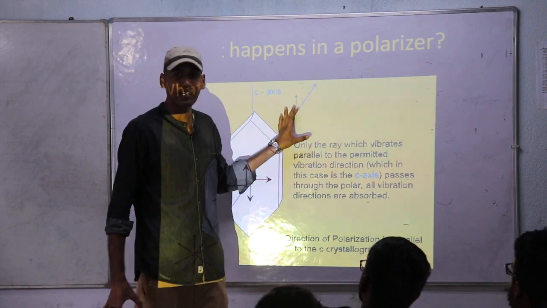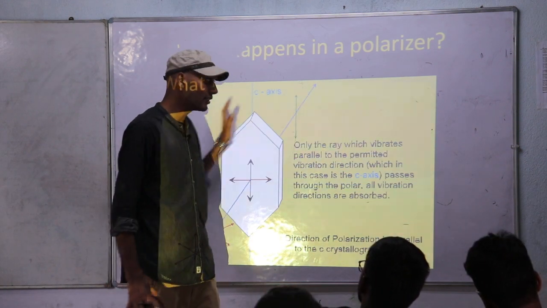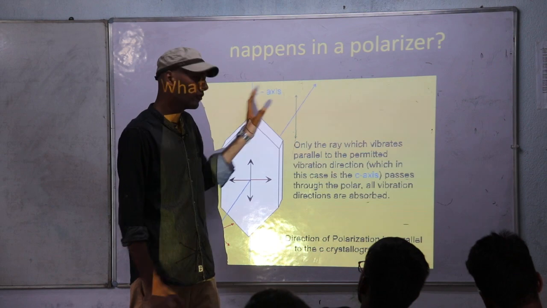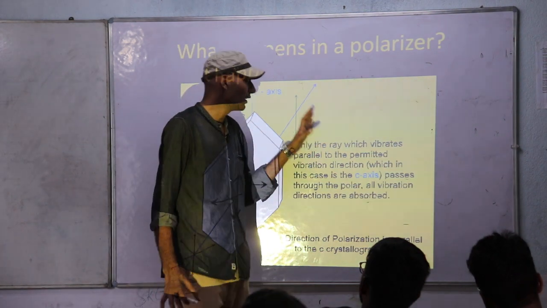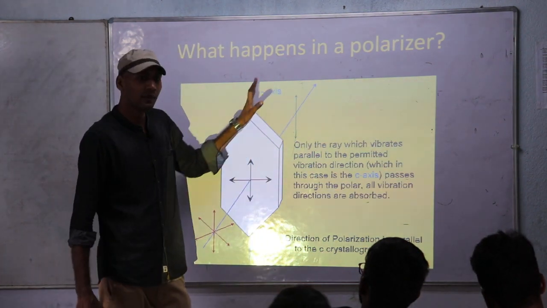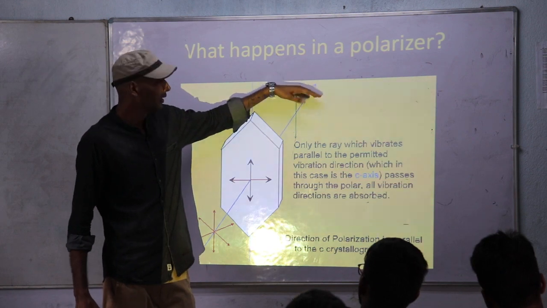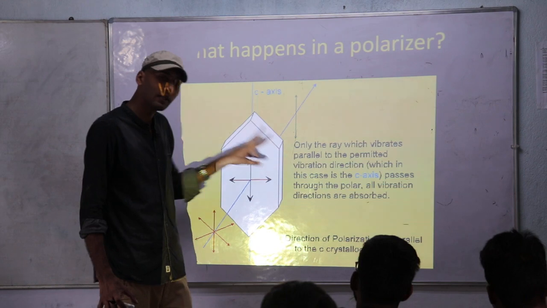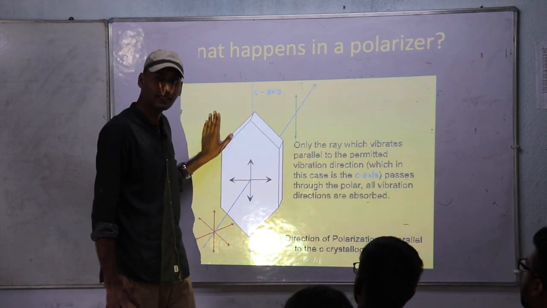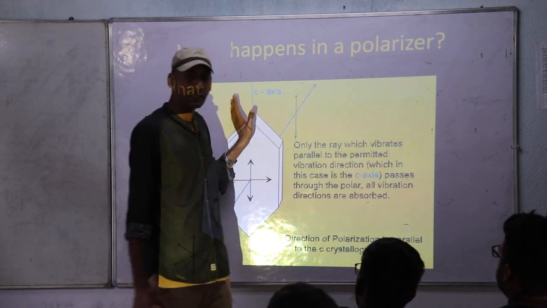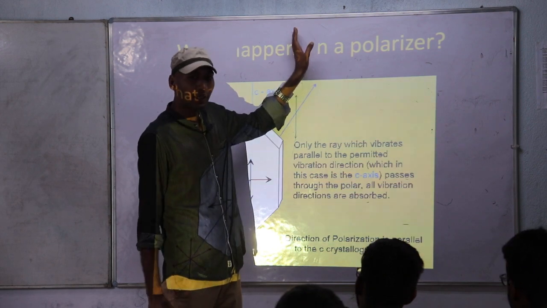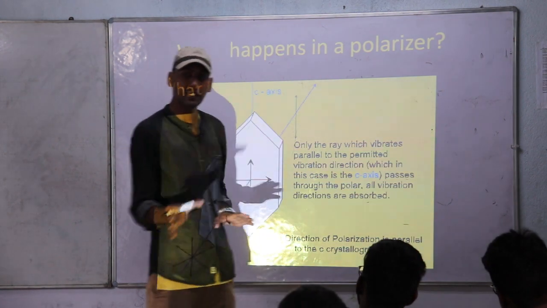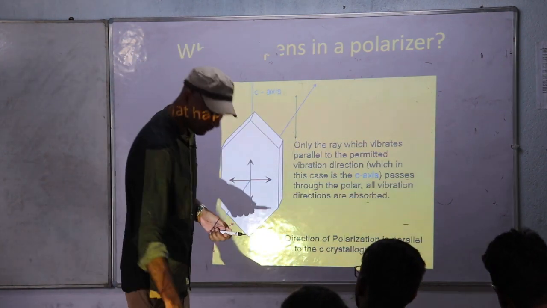If we are using calcite as a nickel prism, there is some black coating. I will discuss how nickel prism works, but there it allows only one ray. So both of them are partially polarized. One remains there and is absorbed in the black coating, and another one is removed from the calcite. So that acts as a polarizer. Okay.